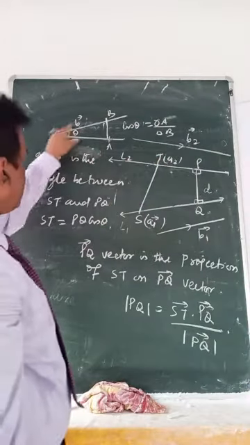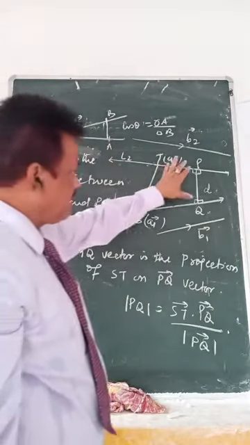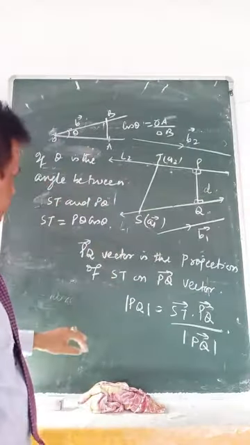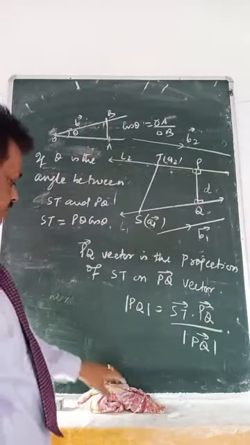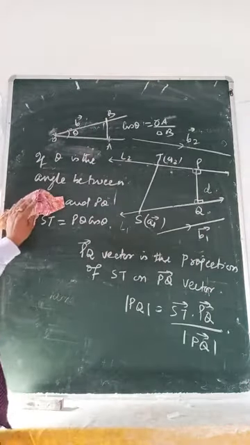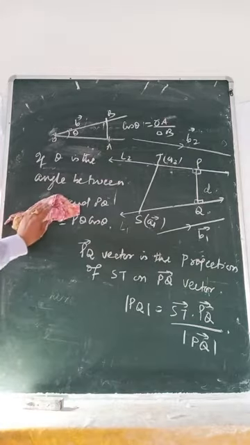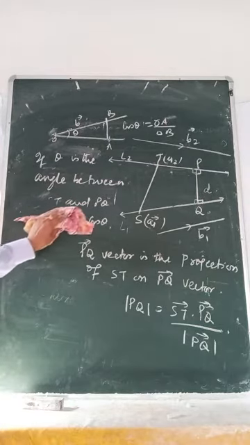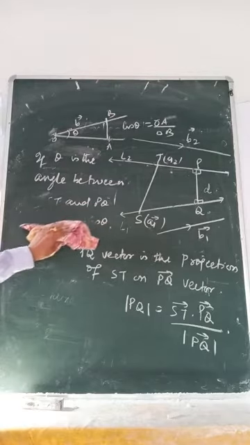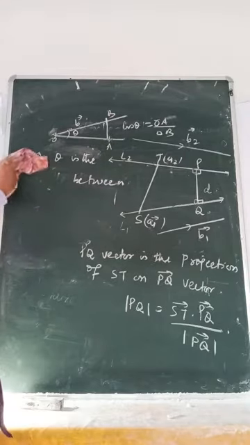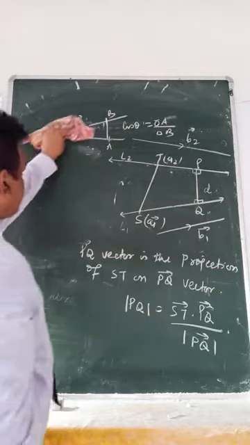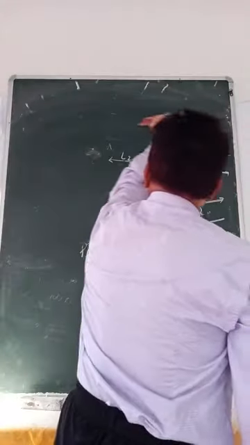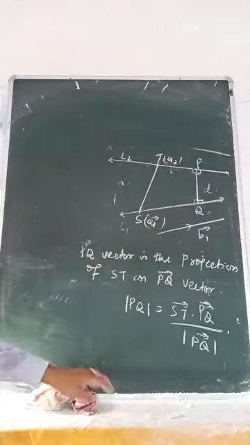So OA means the projection. PQ is the projection. So you can write PQ equals ST cos theta.